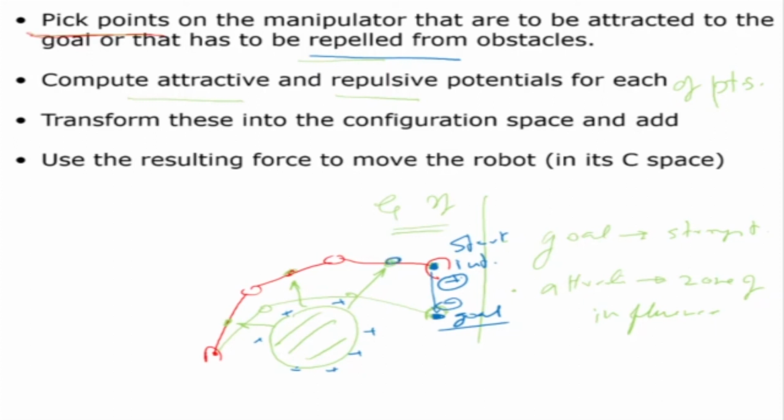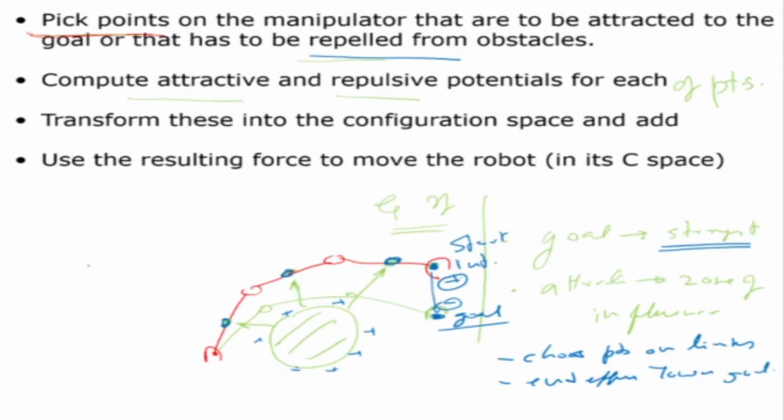So I also have to choose points on the links to avoid them hitting the obstacle. The goal has to be attractive, and the end effector has to be attracted towards the goal. Now each of these links is an obstacle to itself. Please note that.